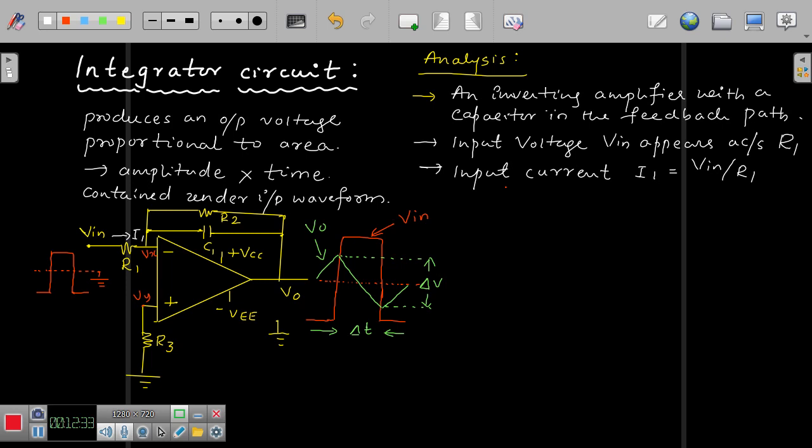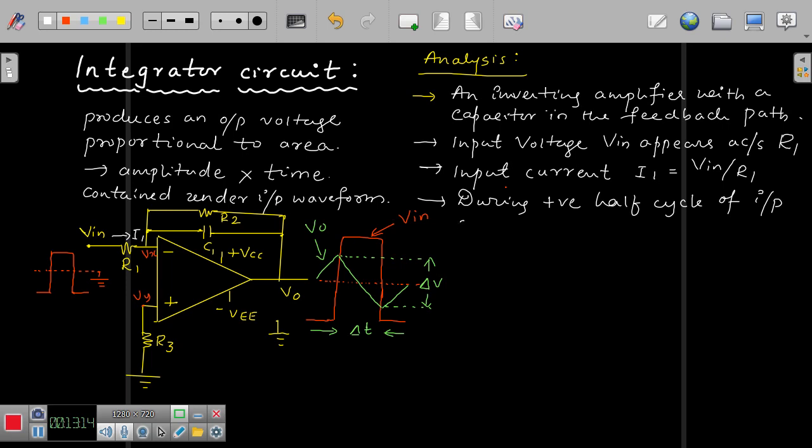So now this is the elementary circuit status. Now we will try to see the operation from the point of view of the input signal. During the positive half cycle of the input signal, what happens, and during the negative half cycle of the input signal, what happens. Okay, so now during the positive half cycle of the input, definitely you have the input current I1 which is constant.